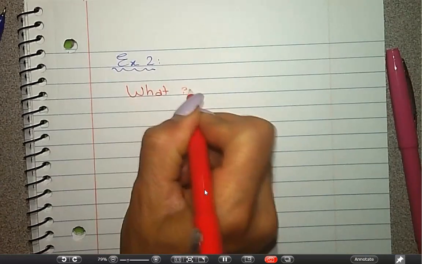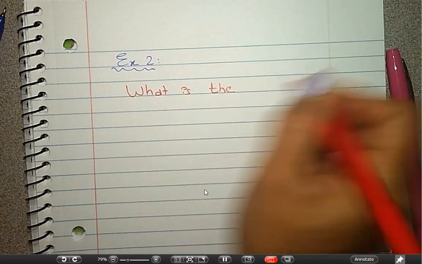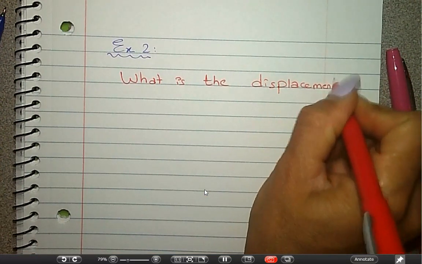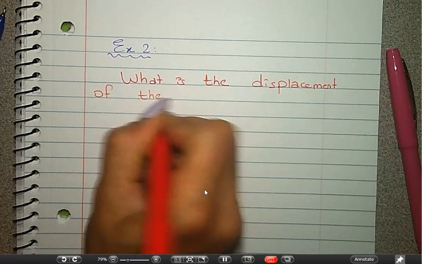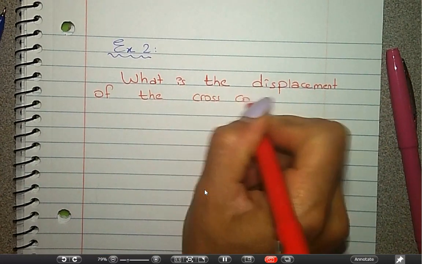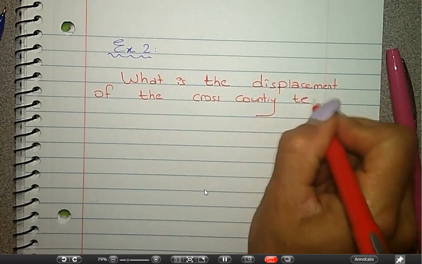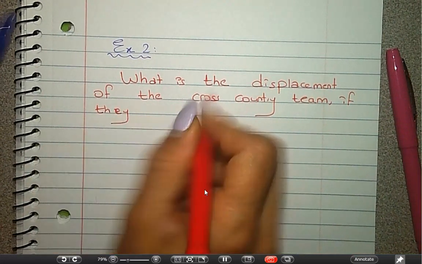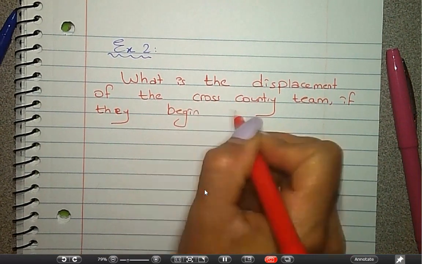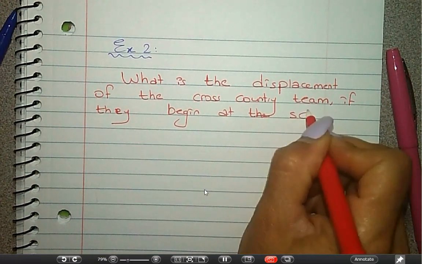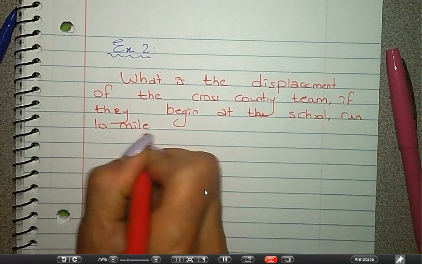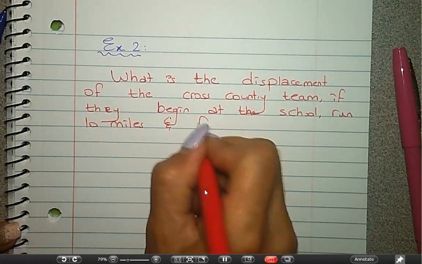The question is, what is the displacement of the cross-country team if they begin at school, run 10 miles and finish back at school?